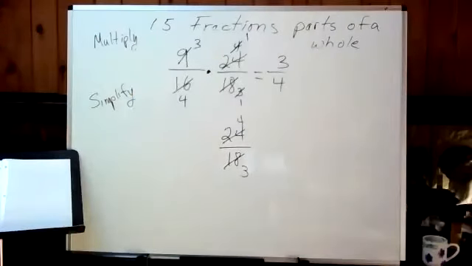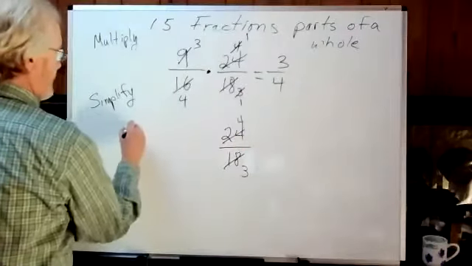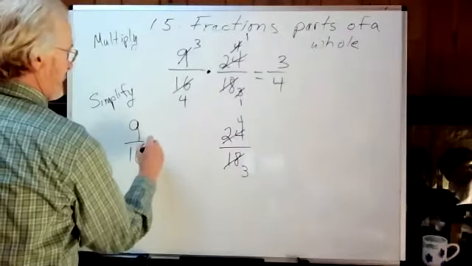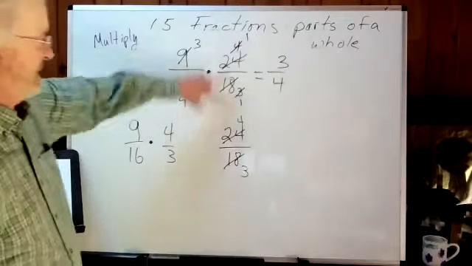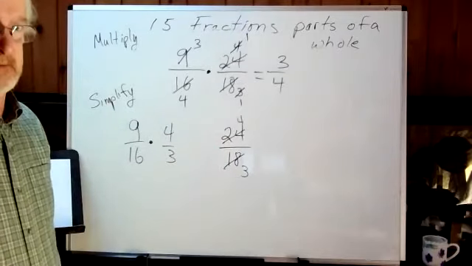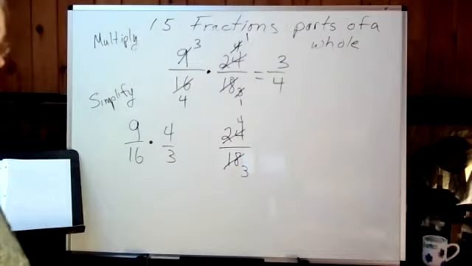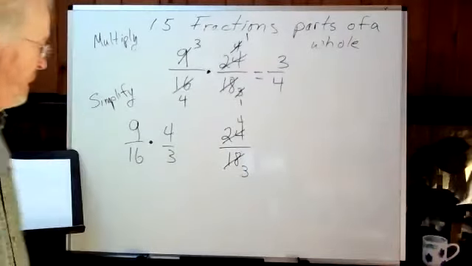Okay? Okay. So now our problem is backing up, right? 9/16 times 4/3. This one's now turned into 4/3. Okay. Is that okay? Right? Yeah. Mm-hmm. So now I'm kind of like starting over again, seeing, is there anything else I can cancel?